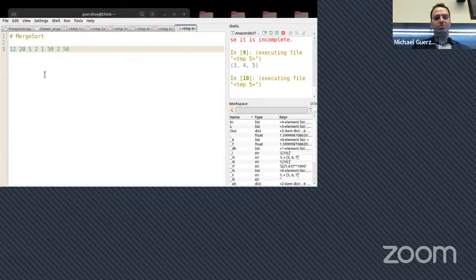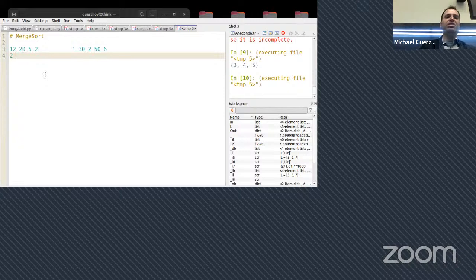I'll make a largish list, which looks like a chore to sort. The idea for merge sort is I'll split the list in half. Then I'll sort the first half, I'll sort the second half, and then I'll merge the results together to get one big sorted list. So this would be like 2, 5, 12, 20. And this would be like 1, 2, 6, 30, 50, right?